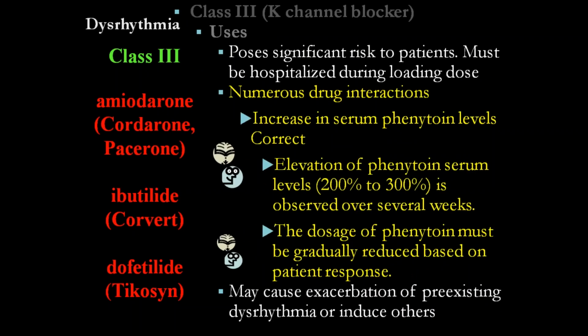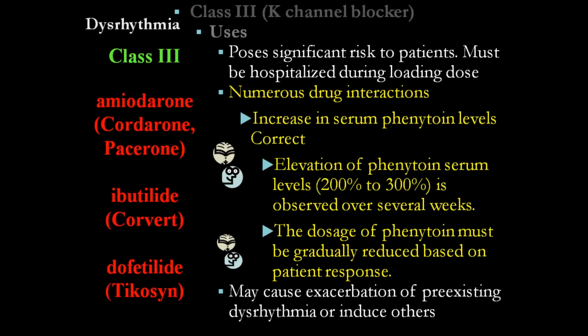All right, amiodarone. One of the interactions that we need to remember, probably it's a little bit early, but I want to mention it, is phenytoin. When we talk about phenytoin, we are going to talk about amiodarone.